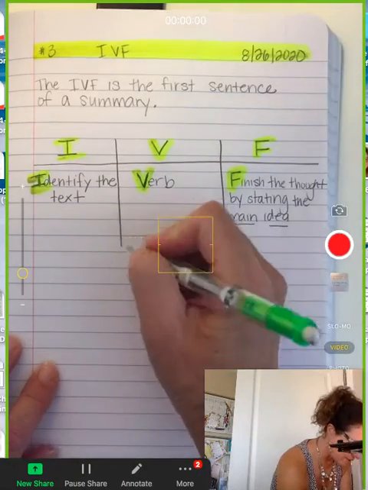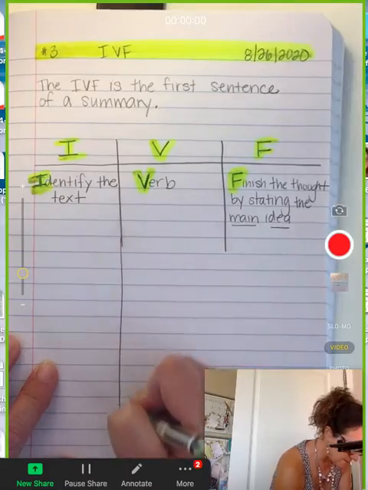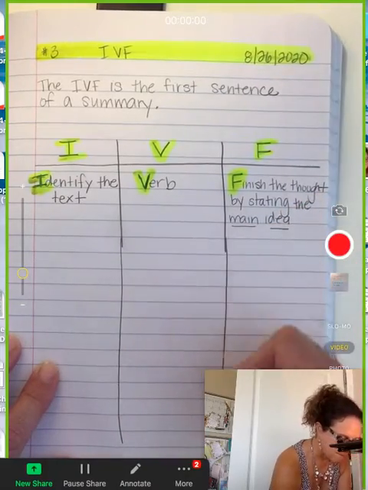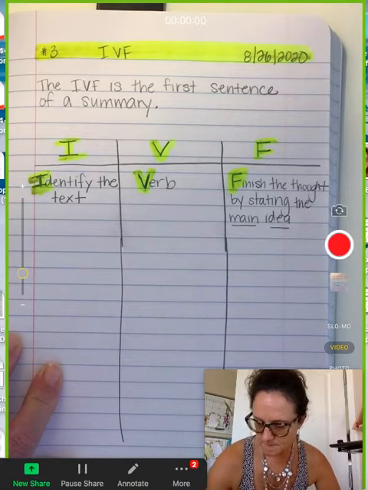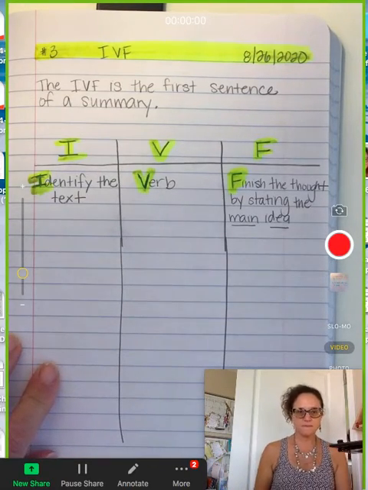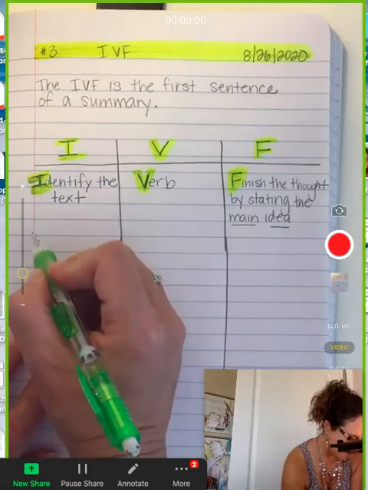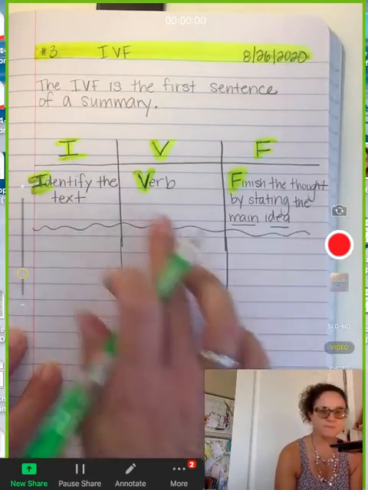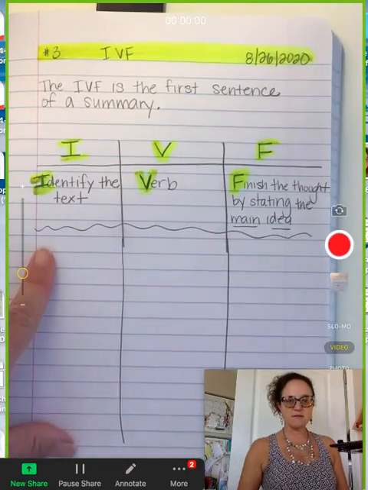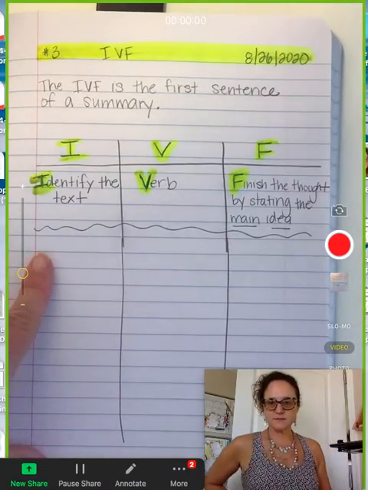So I'm going to stretch these lines out a little bit. Maybe I'm going to put a little squiggly line here so that we can see that this is my information. And now here I'm going to practice.